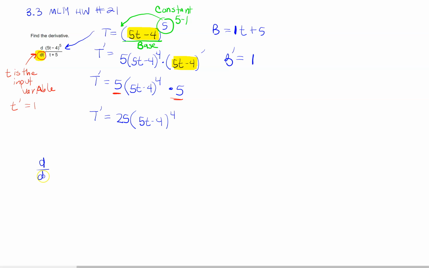So the way this notation is written, there's no pretty shortcut for it. There's no y prime or f prime of x or anything. So I'm just going to rewrite that. Okay.